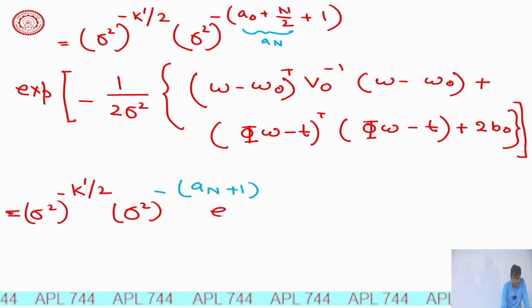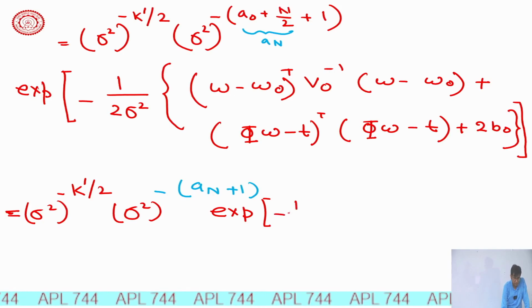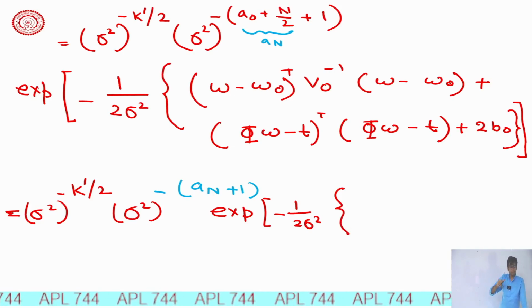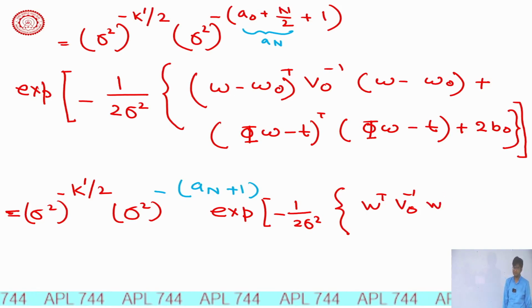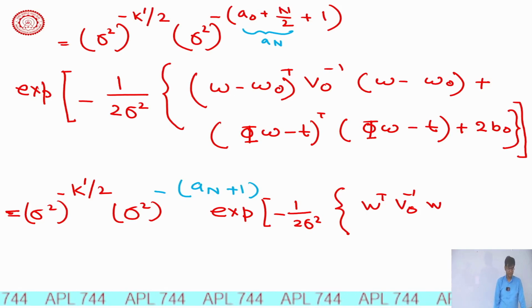And then exponential minus 1 by 2 sigma square remains outside, and let us see what do I get. So, first term I will get is W transpose V naught inverse W, right, clear. Along with that, what will I get?